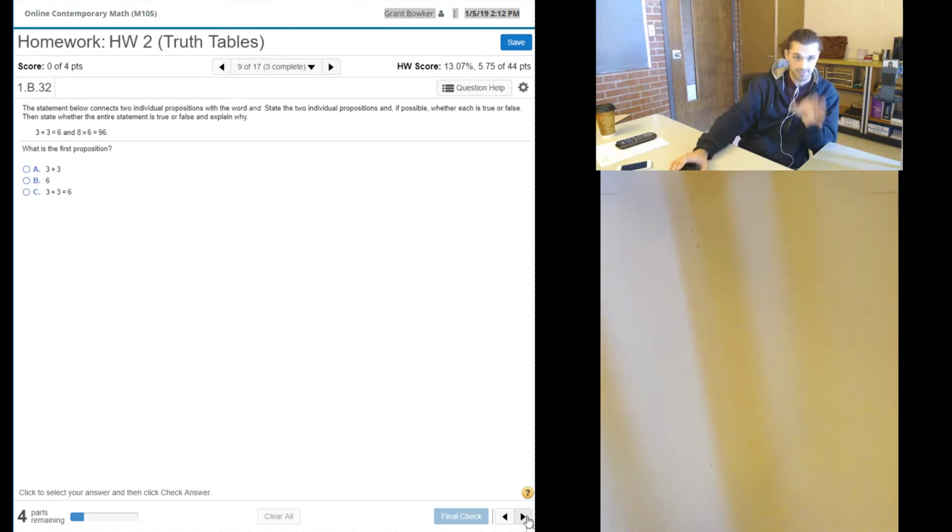Number 8, similar, yet again. All right. So this is similar, but instead of statements like carrots are vegetables, we're using statements like 3 plus 3 equals 6. So the first proposition would be this 3 plus 3 equals 6.